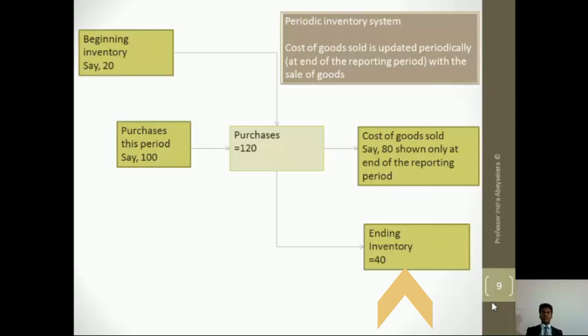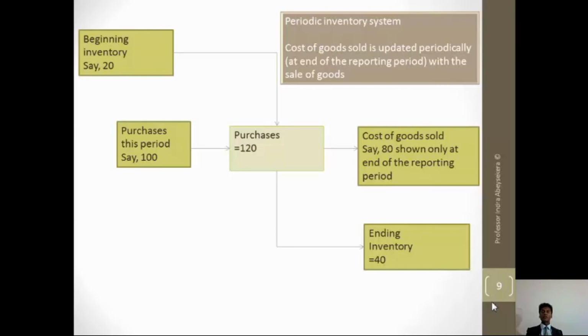The difference here is every time the goods are being sold, the cost of goods sold is not updated. So the cost of goods sold is zero. Only time that it is been updated is at the end of the reporting period.